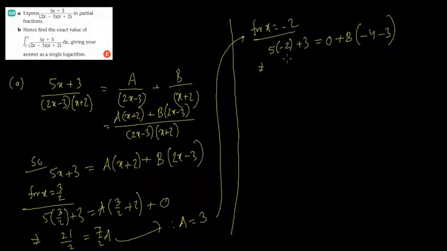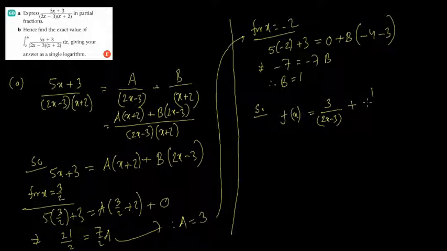That means minus 10 plus 3 is minus 7 and this is minus 7b. Therefore b equals 1. So we can say that if we consider this to be f of x, f of x is equal to 3 by 2x minus 3 plus 1 by x plus 2.